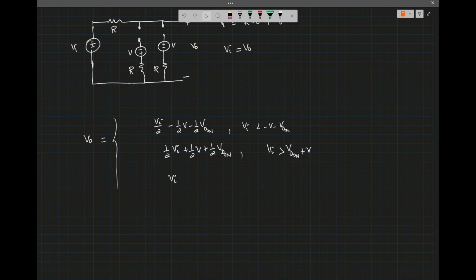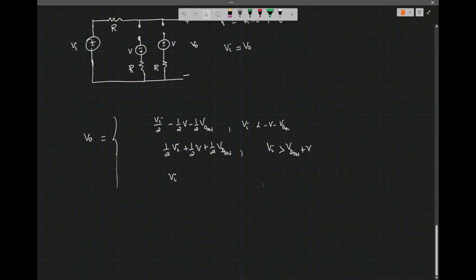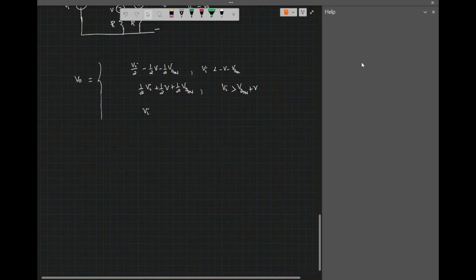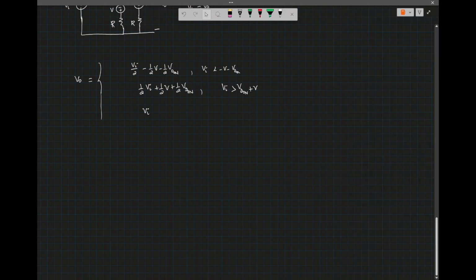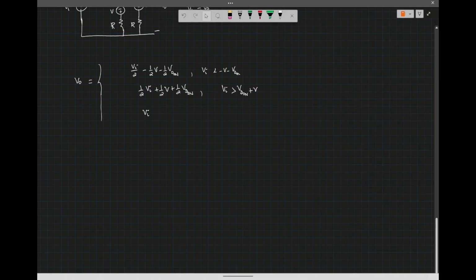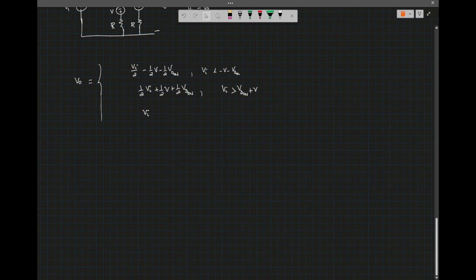So the other condition, for this condition, we have negative V minus VD on less than VI, VI less than VD on plus V, right?